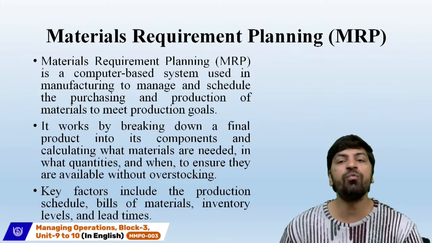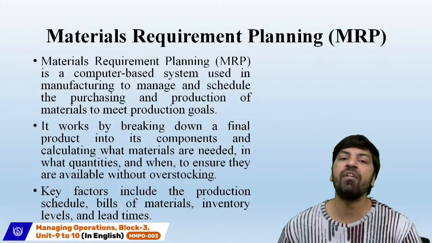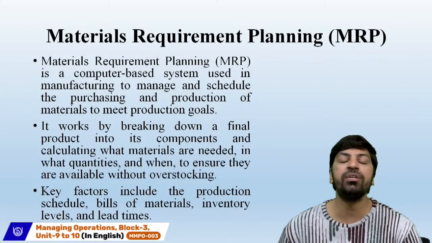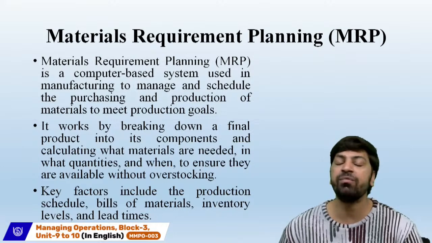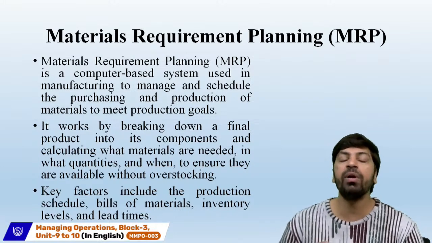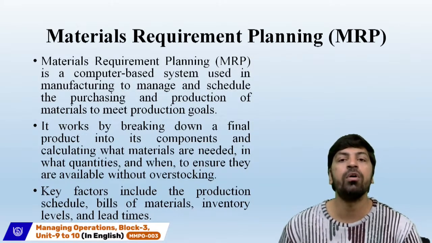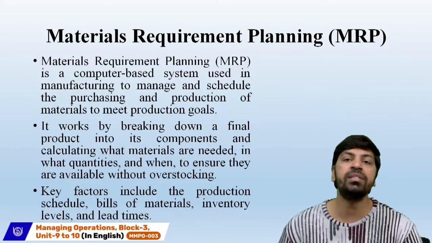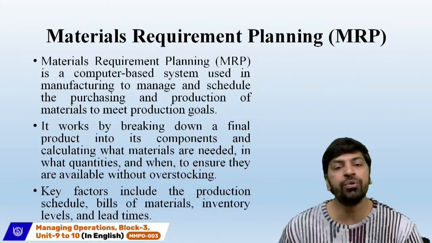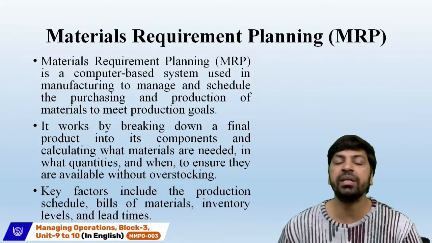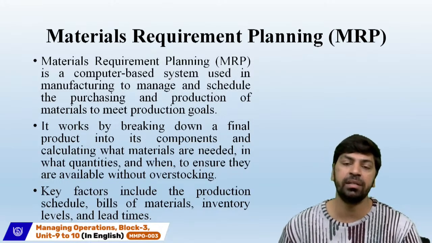It works to break down a final product into the various components and then calculate what materials are needed, in what quantities, and how to ensure that they are available without overstocking. The key factors that influence the MRP are the production schedule, the bills of materials, inventory levels, and the lead times.